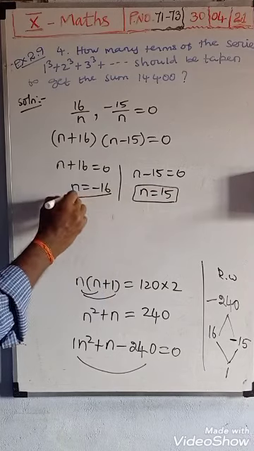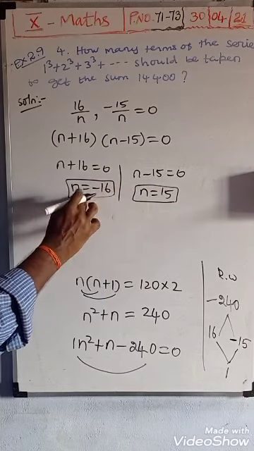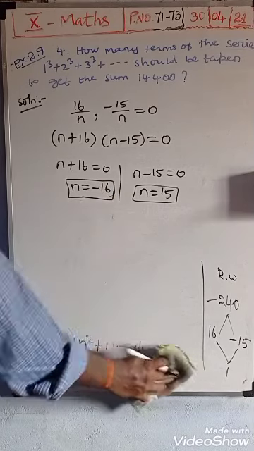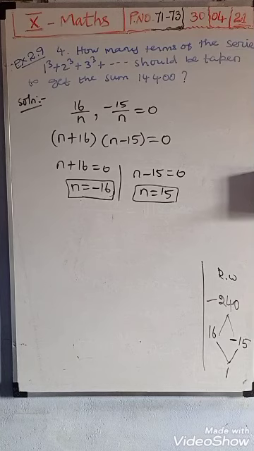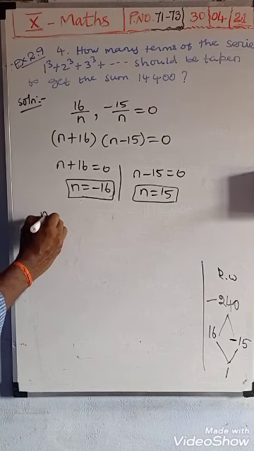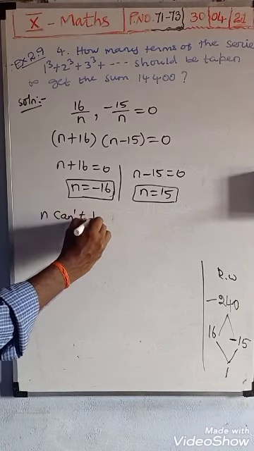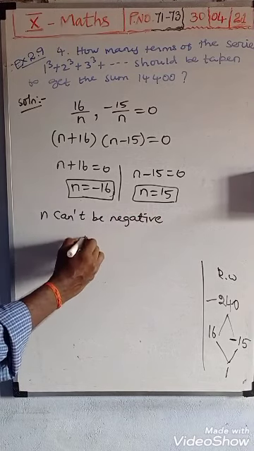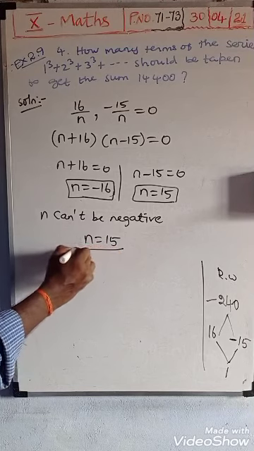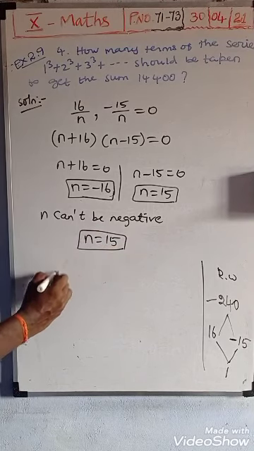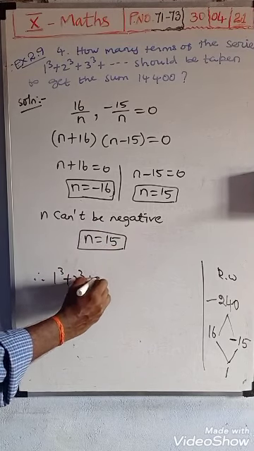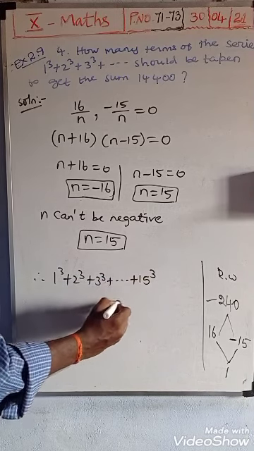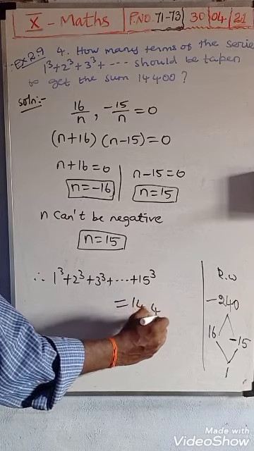Here a negative value is not possible because it is the sum of the series, so n cannot be negative. Therefore n is equal to 15. So 1 cube plus 2 cube plus 3 cube plus up to etc. plus 15 cube should be added, and the answer is 14,400.